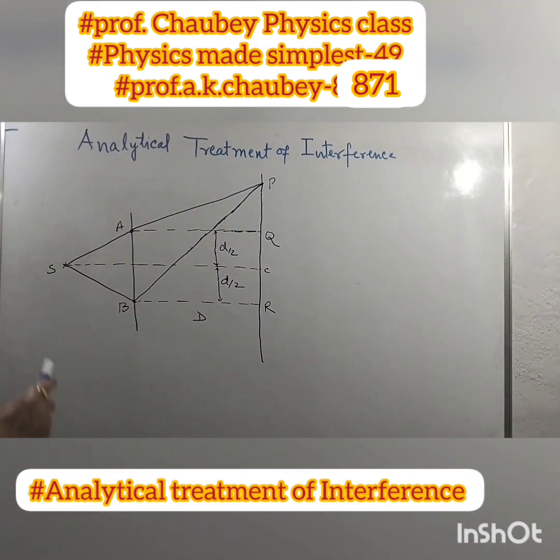So that is Young's double-slit experiment, where I have one monochromatic source, maybe say sodium light. Though sodium has two wavelengths, they are very close, so we treat them as one.